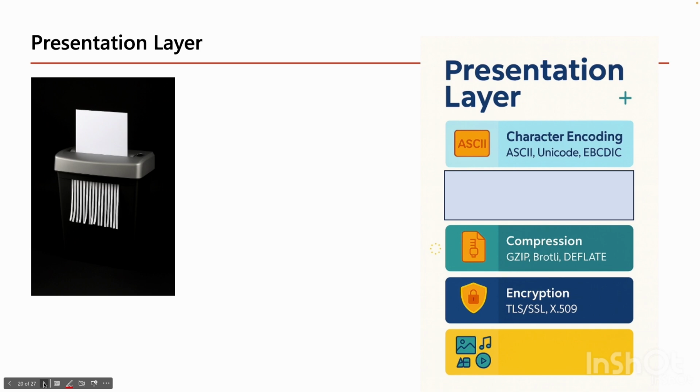We use different protocols like ASCII or Unicode to convert the data like pictures or text into bits, ones and zeros, right? And then these bits are compressed so that it takes less time to transmit around the network. And encryption: we encrypt the data for better security. So these are all the jobs of the presentation layer.